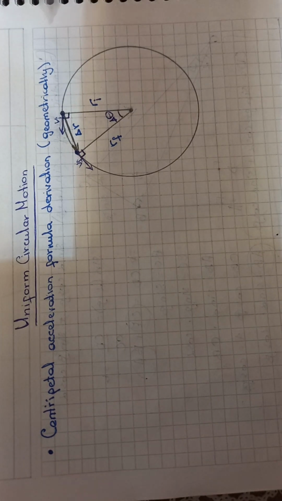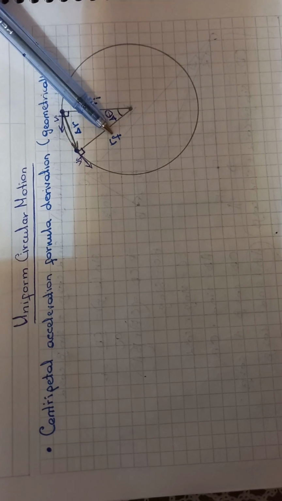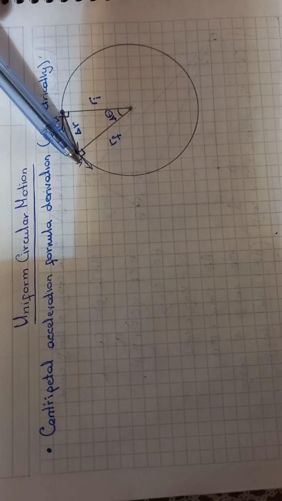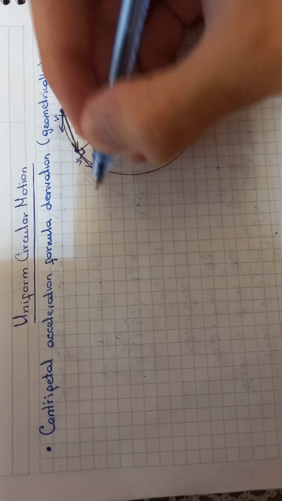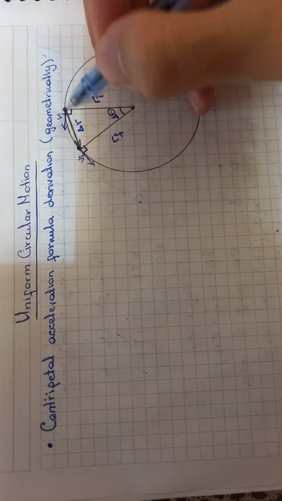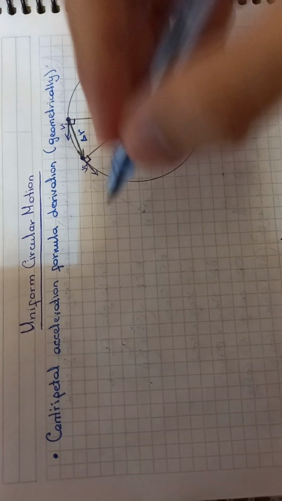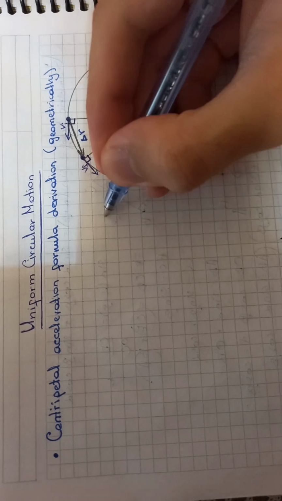Because this radius is perpendicular to this velocity vector and this radius is perpendicular to this velocity vector, the change in angle, I mean the delta theta between these two vectors, is going to be the same, delta theta. So we can show this here.